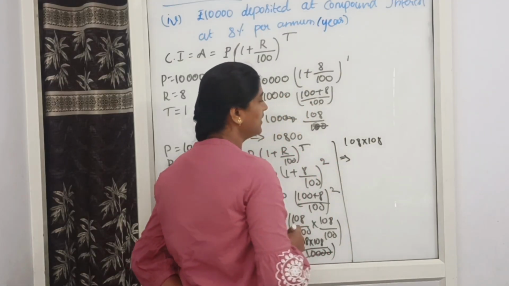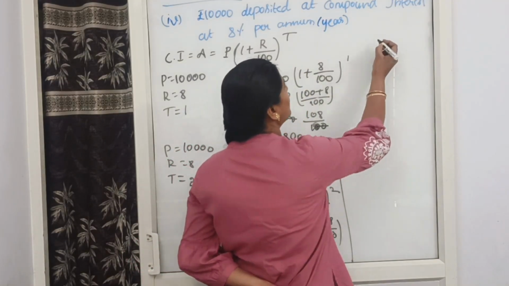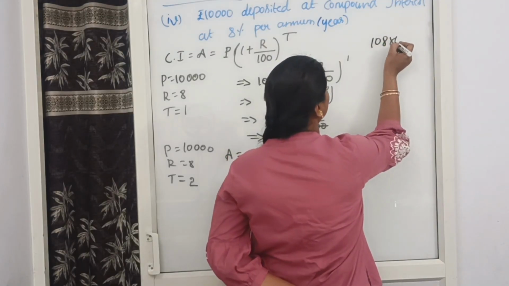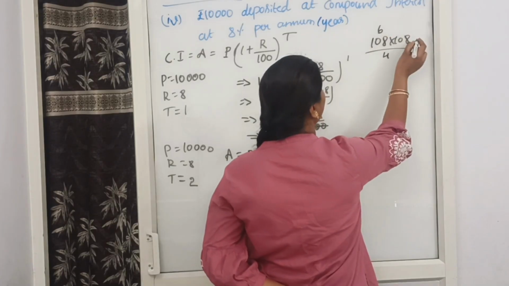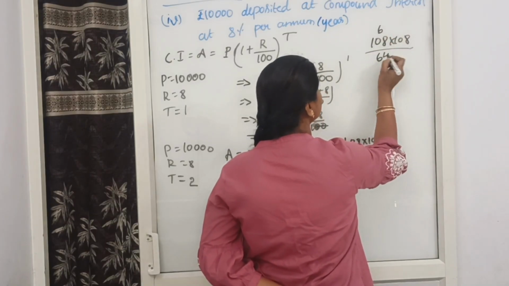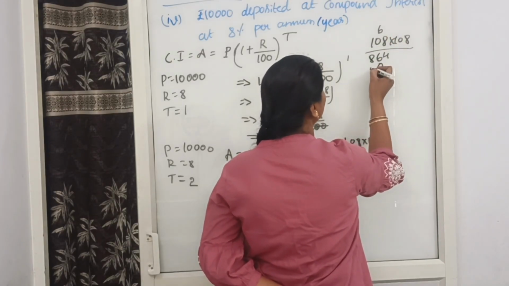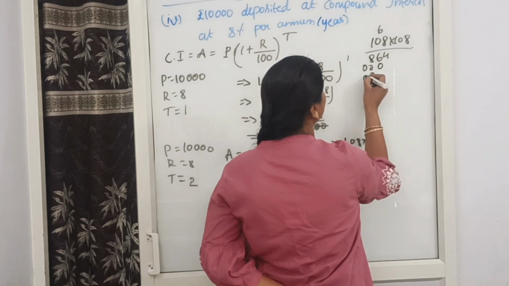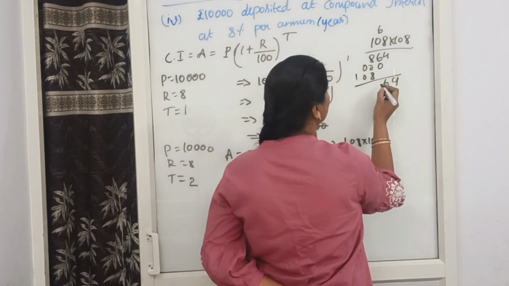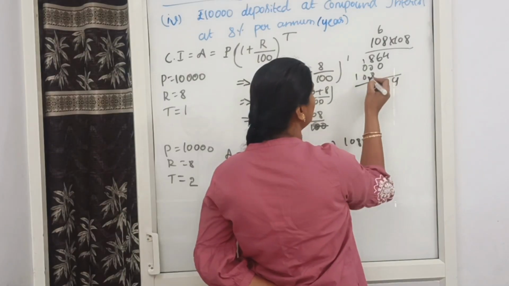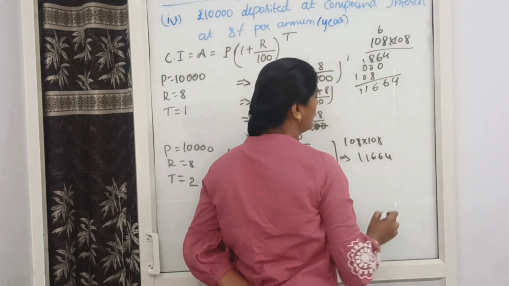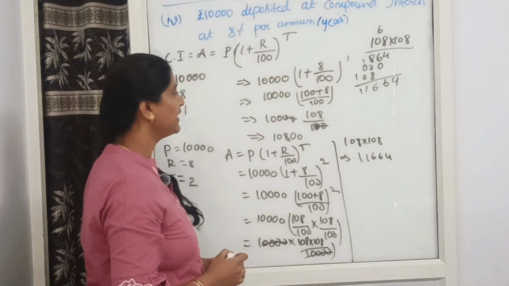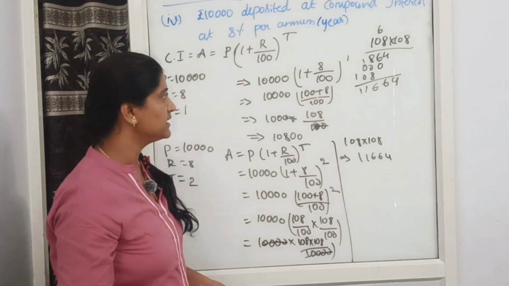So let me multiply this. 8 8s are 64, 6. 8 zeros are 0, 6. 8 ones are 8. 0, then 1, 8, 0, 1. 4, 6, 8 plus 8 is 16, 1, 1. So the answer is 11664. So these are the two terms we got by applying the formula.